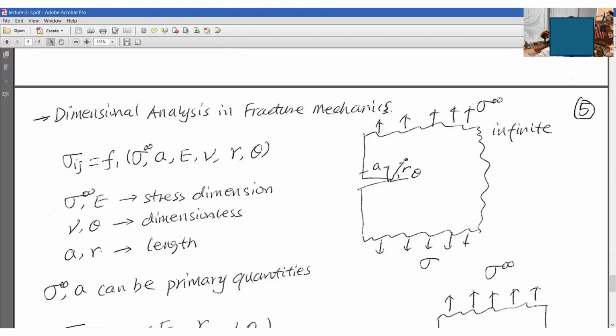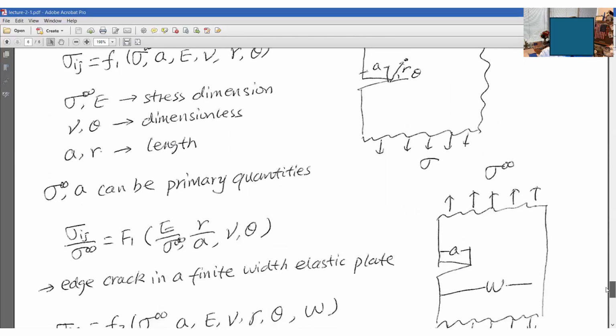And we select these two as our primary quantities, primary dimensions, and then we will see what will happen. So for the primary quantities, we have stress and length, right? Then we can nondimensionalize this one, make this one dimensionless.